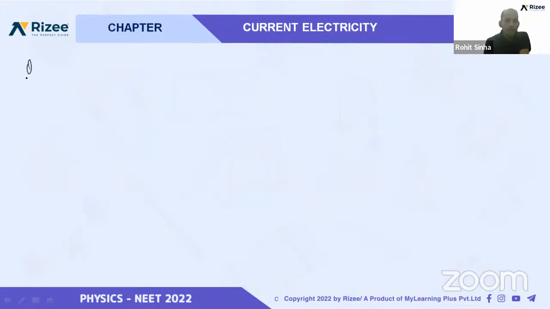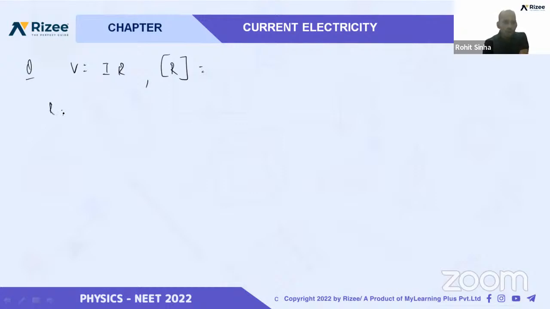Now, we came to know V is equal to IR. First question: what will be the dimension of R? Can you all find it?